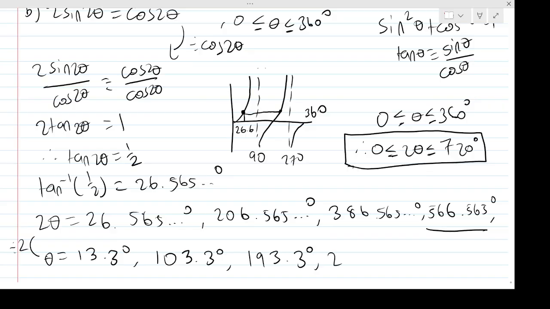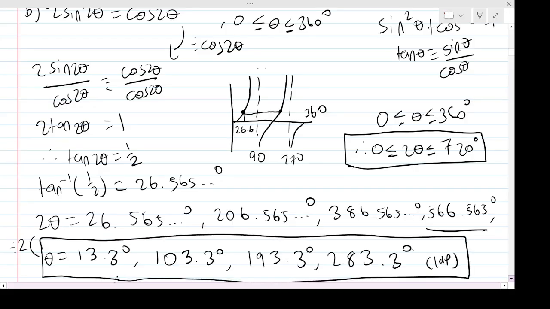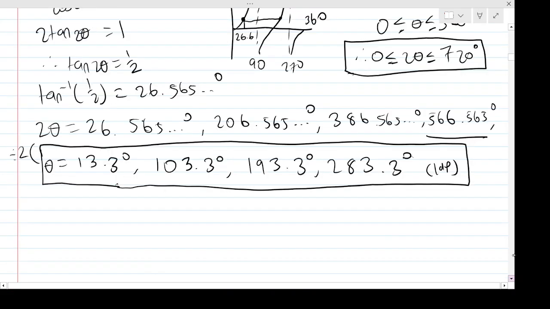I get 283.3 degrees. And those are my solutions to 1 decimal place. Those are all my solutions for theta then. There we are. Cool. Okay, and then obviously note that these values are between 0 and 360, which is the interval for theta. So again, that makes sense. But there we are. Okay, cool.